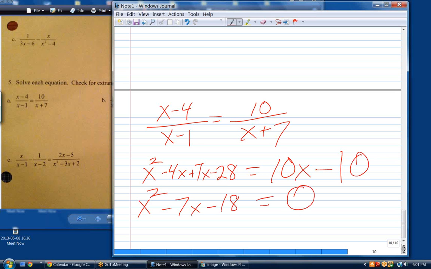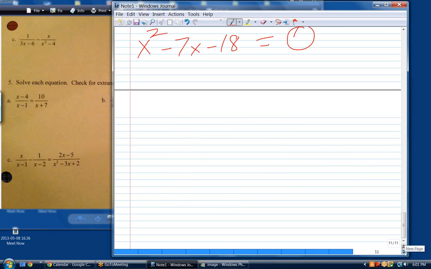Okay, so can we factor that? It'd be x plus 9, x minus 2. Notice that that's not going to give you the correct middle term.